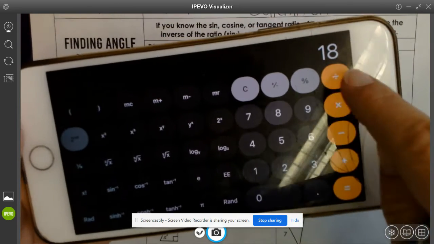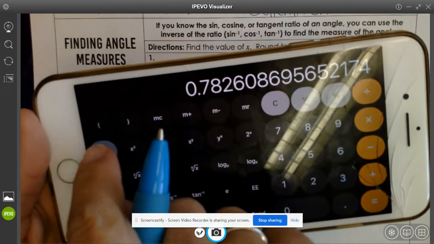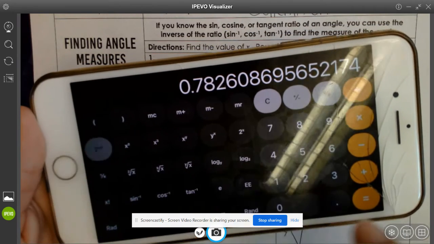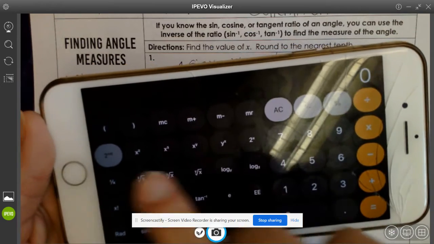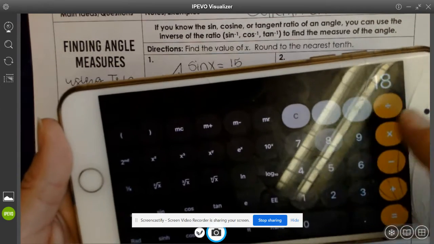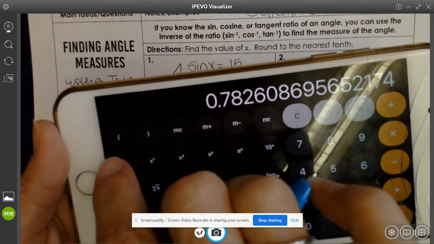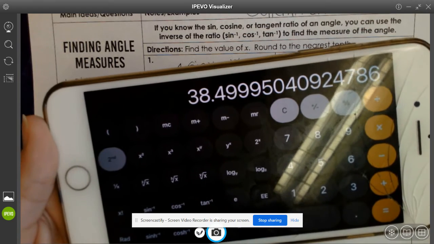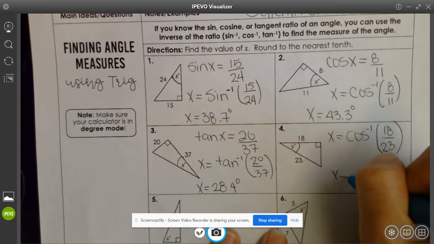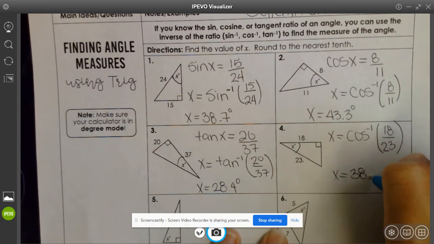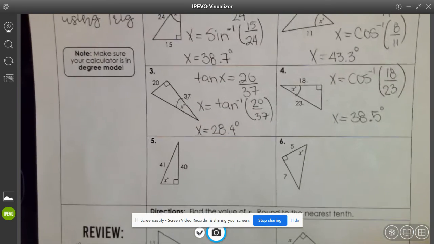So that's 18 divided by 23 equals, make sure that the second is highlighted, and then cosine, sorry. Let's do it again. 18 divided by 23, and then equals, and then press second, and then cosine. 38.5. That's x equals 38.5 degrees.